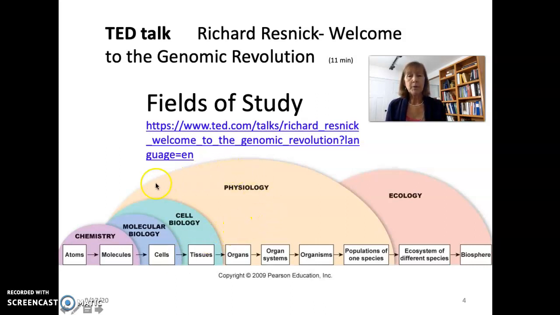So all this is part of physiology, but at the same time, it also overlaps with ecology, of how this works for the survival of this organism and how it works interacting with other organisms. So there is a little bit of an overlap of that when you think of ecosystems. We really are not going to be going there. We're thinking more of the human organism and its organ systems. So that's where we will be.